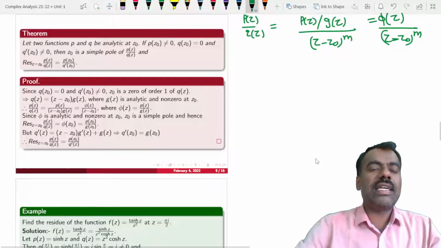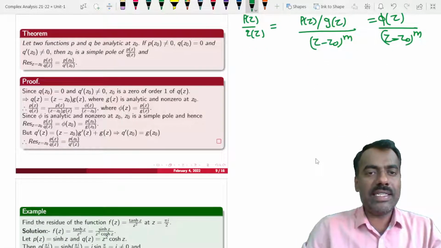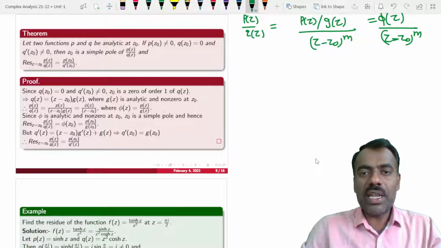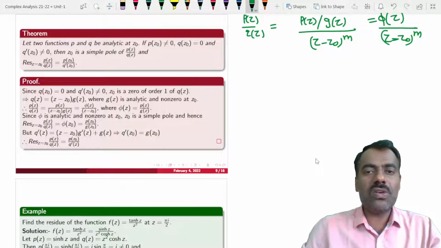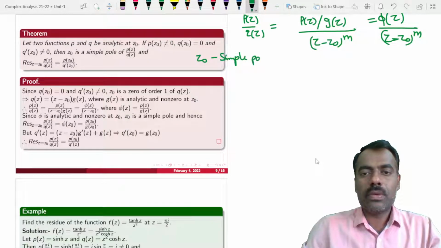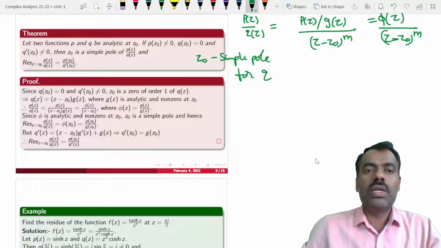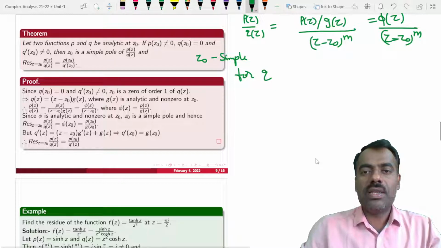What this result says is that if we have two functions which are analytic at z naught, and if p of z naught is not equal to 0, q of z naught equals 0, but q dash of z naught is not equal to 0, that means z naught is a simple 0 for this function q.